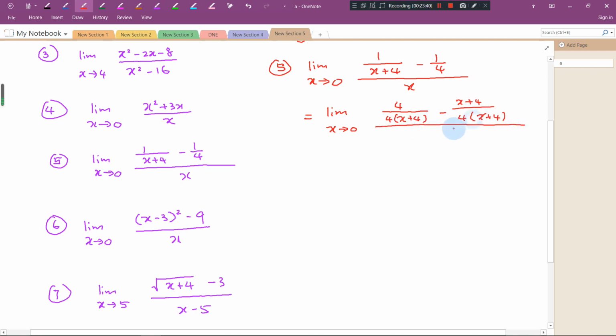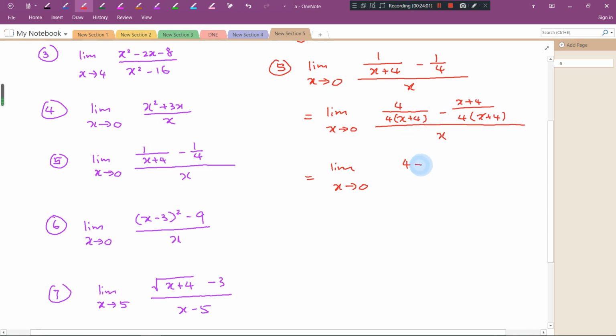Over, it looks quite complicated, right? Okay, let me check correct or not. Okay, should be no problem. So now I just combine these two fractions together since they already have the common denominator. So you just have to be more careful here. You have a negative here.